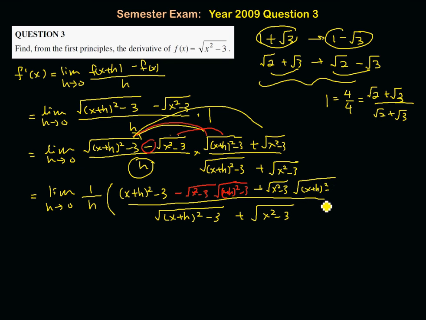It's kind of long, right? But you'll be surprised in the end. And then lastly is this one times this one. Do not forget the negative here. So it's going to be negative, but because they are the same, we're looking at x squared minus 3. We have eliminated the radical sign of this and this.